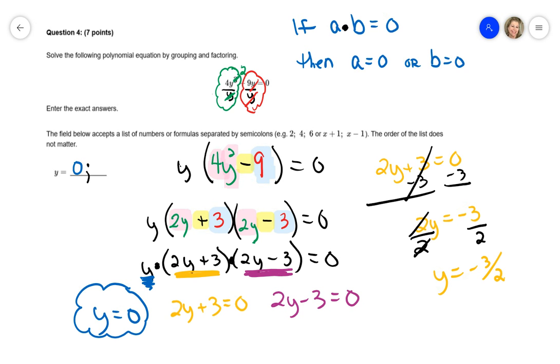It doesn't say that I have to give them as a fraction. I could say negative 1.5, I guess, but fractions don't scare me, so I'm just going to leave it as negative 3/2, and then another colon. So that leaves me with the burgundy stuff here, the 2y minus 3. So I'm going to solve that one also. First step on this one would be to add 3 to both sides.